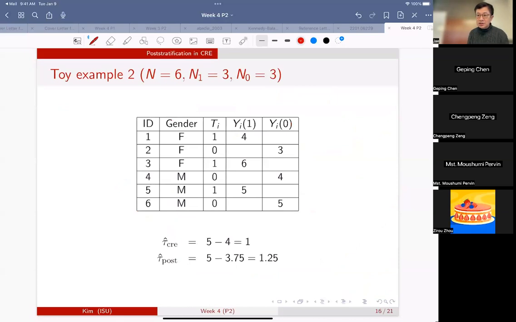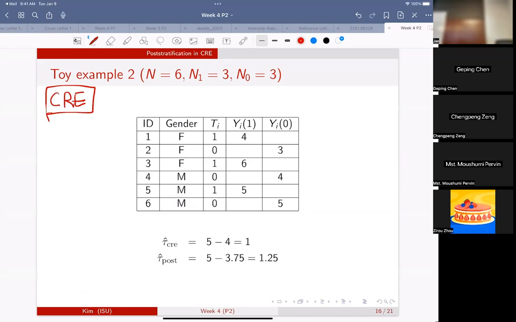Okay, so here's a toy example. The design is the same. We use a completely randomized experiment design. But from the completely randomized experiment design, we can still compute two types of estimators.